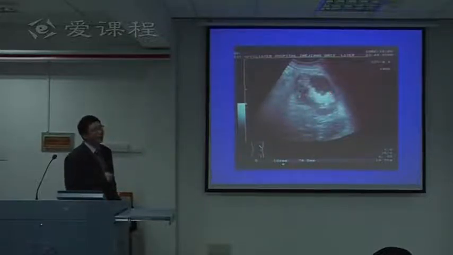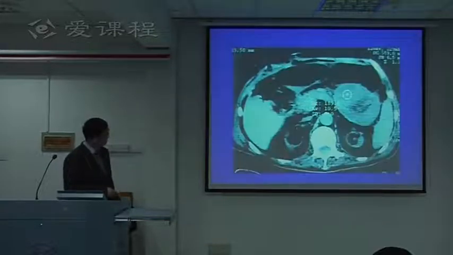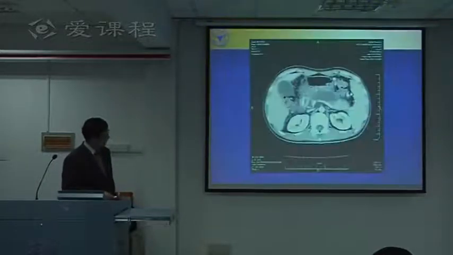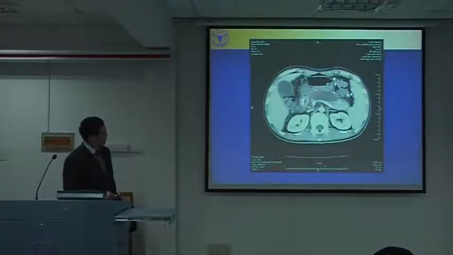We call it a pseudocyst. It's a pseudocyst discovered by CT scanning. In the early phase, we can call it necrotic tissue. In the later phase, when the necrotic tissue or the fluid is surrounded by tissues, we call it a pseudocyst.